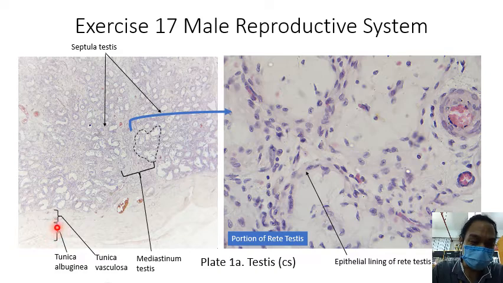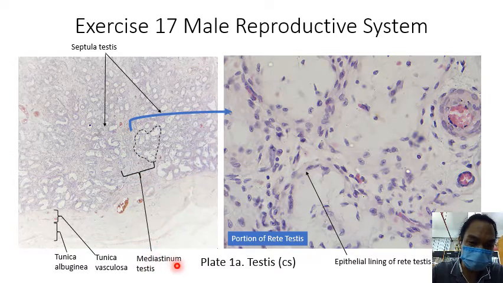Inside that will be the tunica vasculosa, called because it usually houses blood vessels, as you can see in the level here, just inside the tunica albuginea. And then these actually sort of go into the stroma of the testis, as we see here.